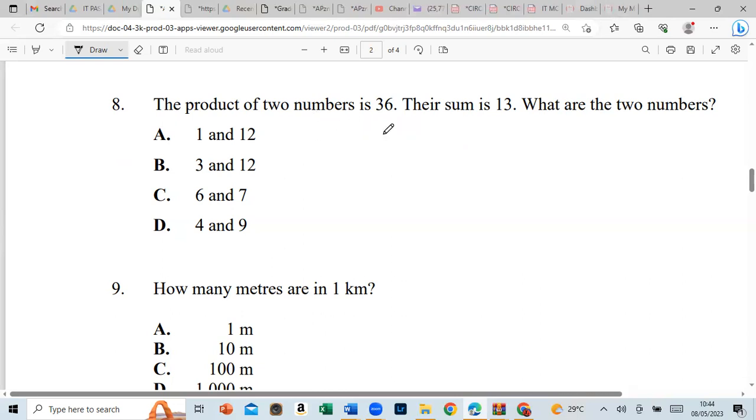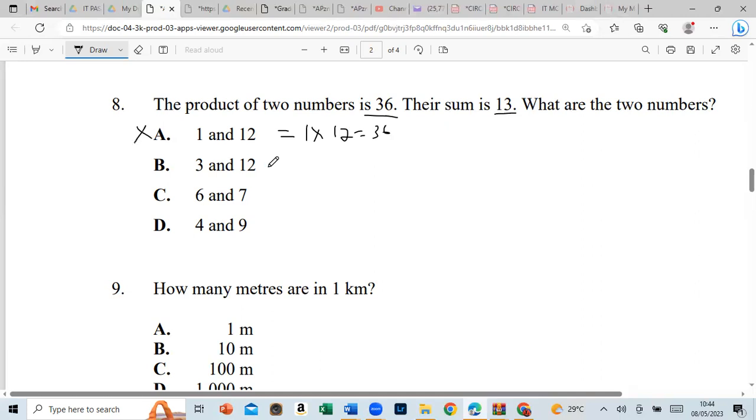So two numbers, and when we multiply them, it gives us 36, and when we add them, it gives us 13. Let's multiply first. So you try the multiplication first, and then you do the elimination process. 1 times 12, product means to multiply, so 1 times 12 is 12. So it's not 36, so we can eliminate this. This would not be a possible option.